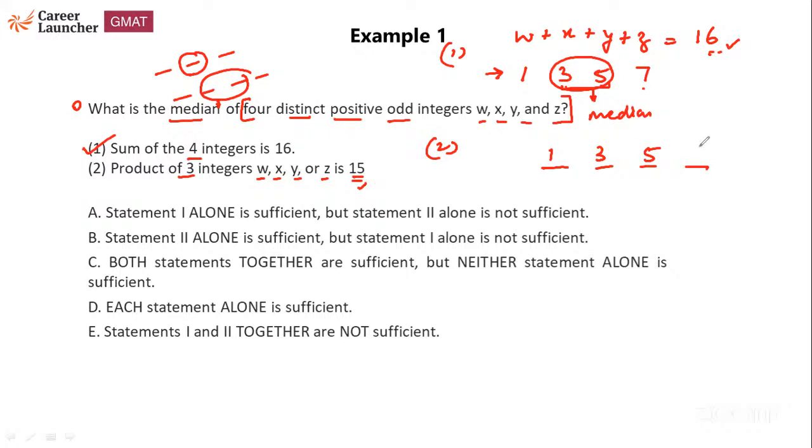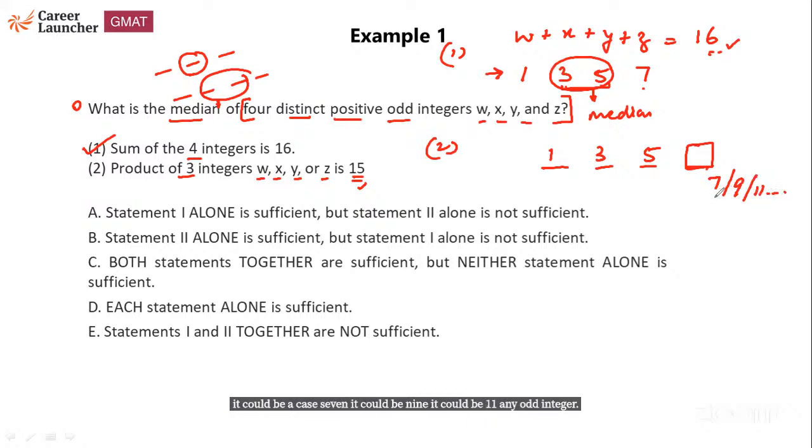What can be the fourth integer? Do we know? It has to be odd, and different from 1, 3, 5. It could be 7, it could be 9, it could be 11, any odd integer apart from 1, 3, 5. Whatever this case may be, 7, 9, 11, 13, the middle two readings will still be 3 and 5.